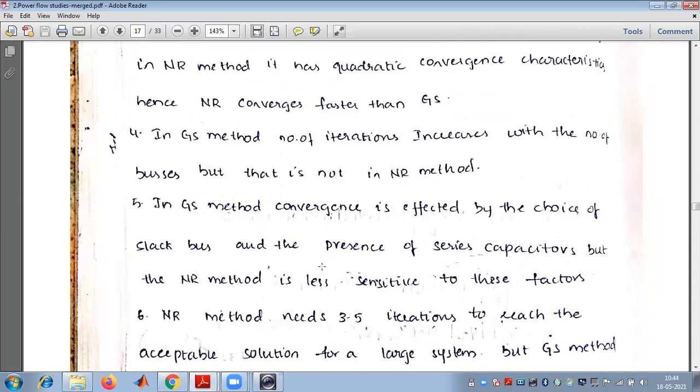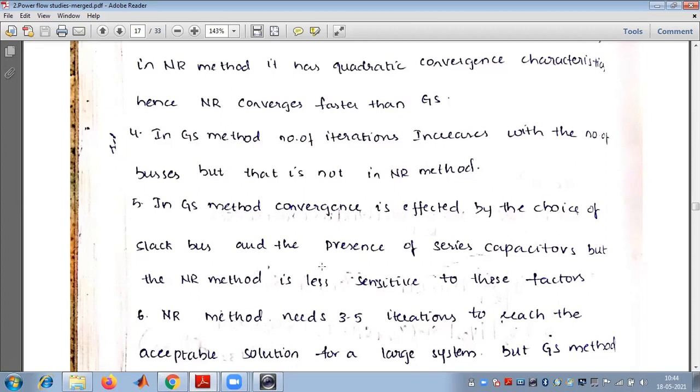Suppose n is equal to 20, then you will have 20 iterations to compute the given problem, but that is not the case in the NR method. So when we compare the number of iterations, the NR method is superior to the GS method. It may take a lesser number of iterations for computing the answer.